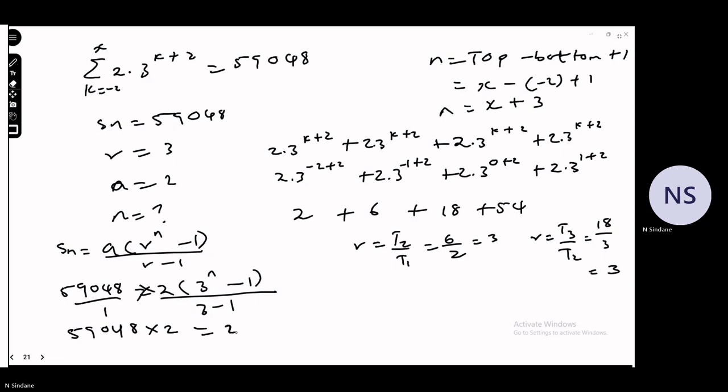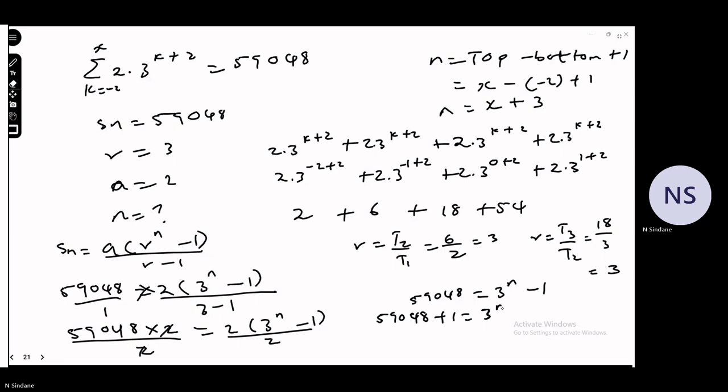And then we have 2 into (3 to the power n minus 1). Then divide by 2. Divide by 2. That 2 and 2 will go out. I have 59048 is equal to 3 to the power n minus 1. This to the other side, it will be 59048 plus 1 is equal to 3 to the power n.